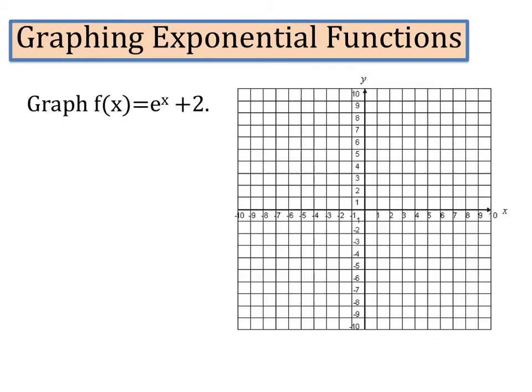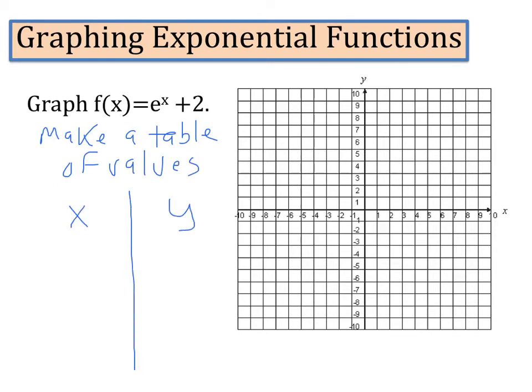Now when you're graphing these functions, you want to make a table of values. I'd recommend picking at least 1 or 2 easy values for x and then doing the rest in your calculator. I'd start with 0, because anything raised to 0 is just 1.